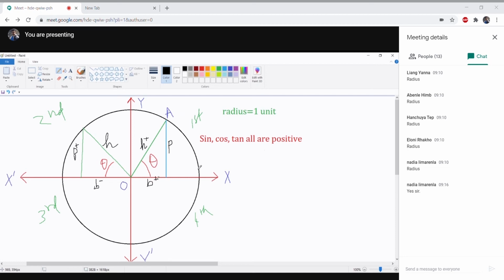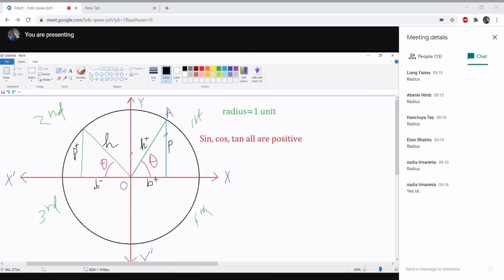Okay. So in the second quadrant, what will happen? We know that sine means perpendicular by hypotenuse. Look, the sine value will be positive. Understood? In the second quadrant the sine value is positive, but cos and tan both involve the base, so they will be negative.